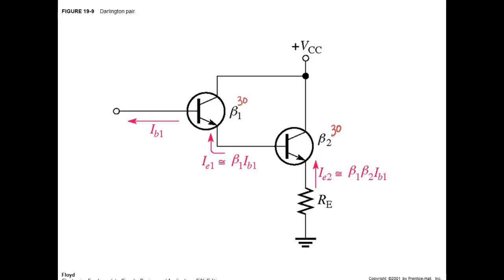This is not 30 times 3. This is 30 times 30. So this guy right here would have a beta of 900. This resistor over here is seen as times beta, right? So if this was a 1K resistor, the base over here would see it as a 900K.